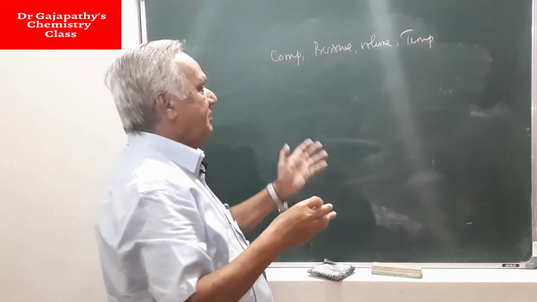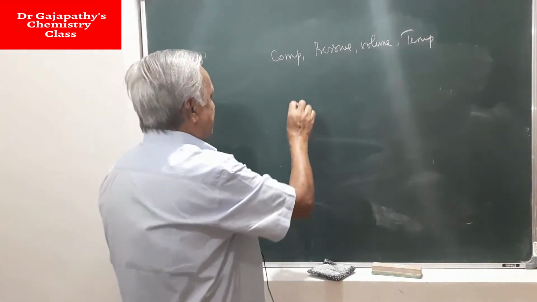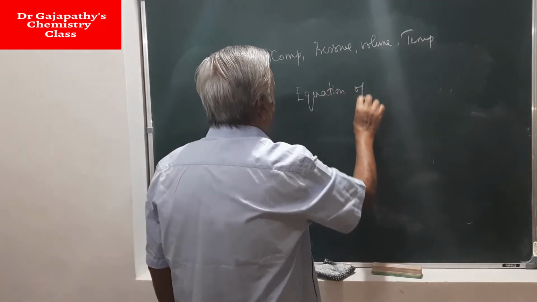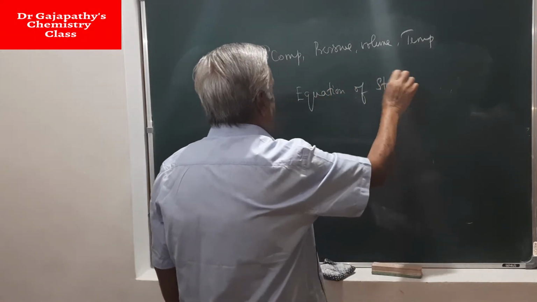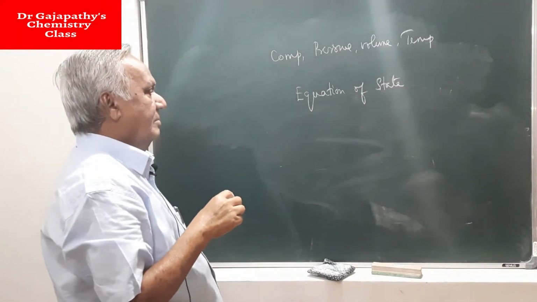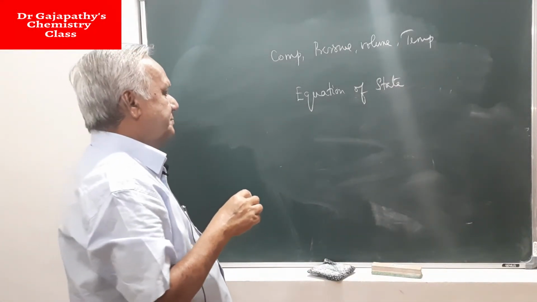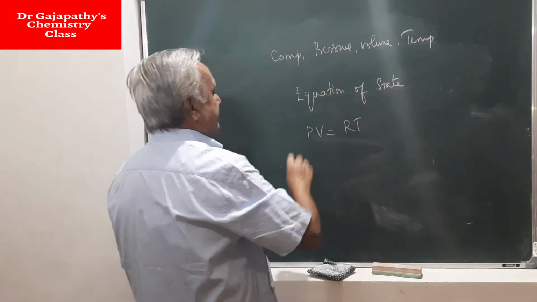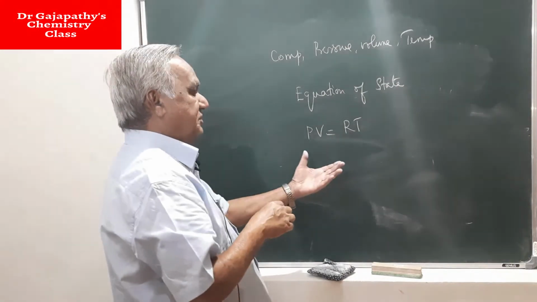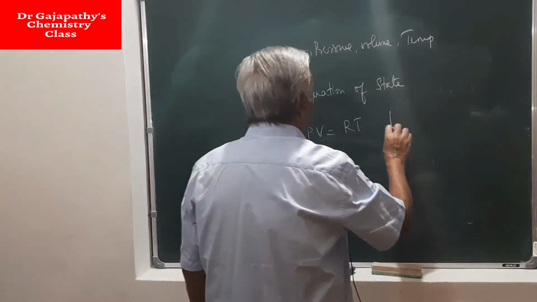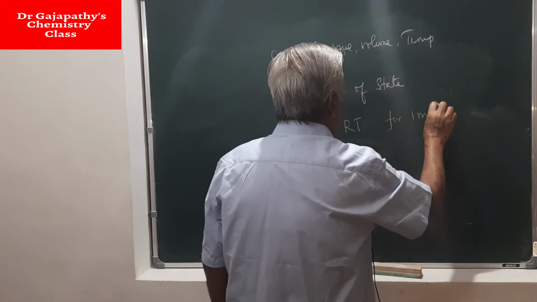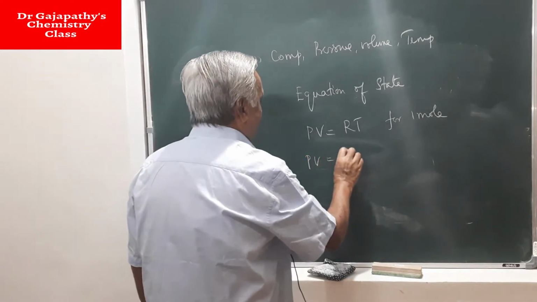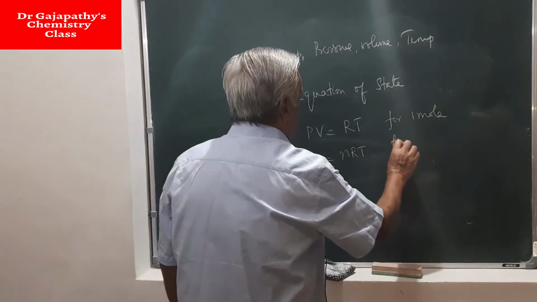The relation between them is called an equation of state. Let me write one equation of state. PV equals RT is an equation of state. This is for 1 mole. Or PV equals nRT for n moles.